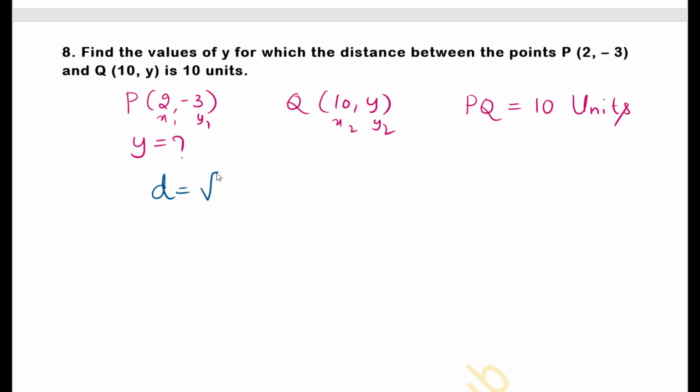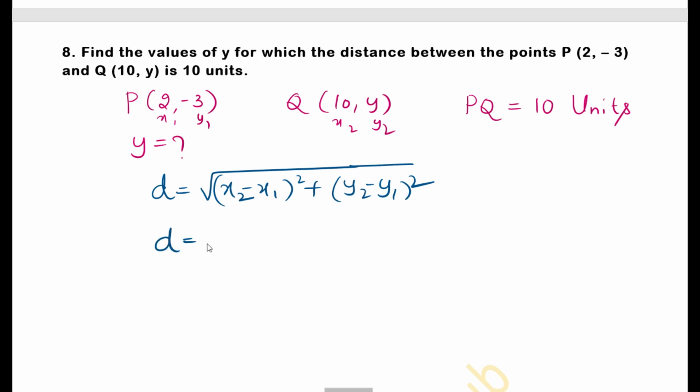D equals the square root of x2 minus x1 the whole square plus y2 minus y1 the whole square. The length D is given as 10 units, which is equal to x2 minus x1, that is 10 minus 2 whole square.